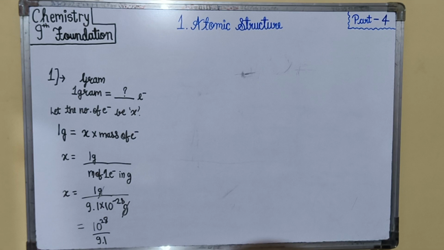By simplifying, this will become 1.1 into 10 raised to 27, that will be equal to x.